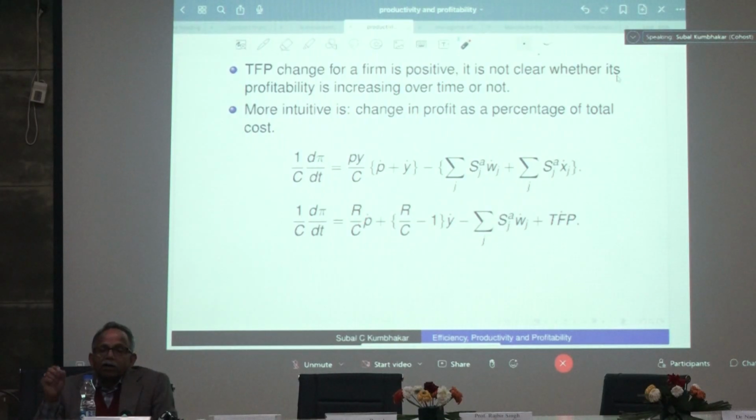That is the additional thing. Whereas since this is a physical measure, you don't need prices. Of course, in order to get this profitability, you have to have some idea about what is happening to input and output prices. You cannot talk about profit without knowing what is happening to the prices.